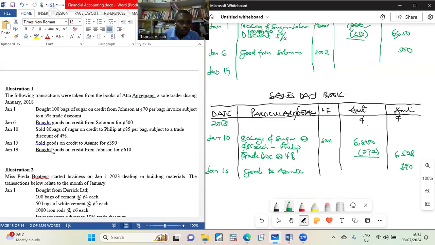Then on January 19th, what happens? They bought goods on credit from Johnson again. So goods from Johnson. I can call this one P003. Now there's no law to that. I decide to do it anyhow. Once you are done, you just total the thing and you are free.